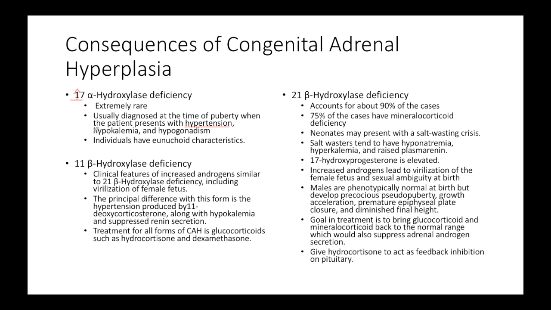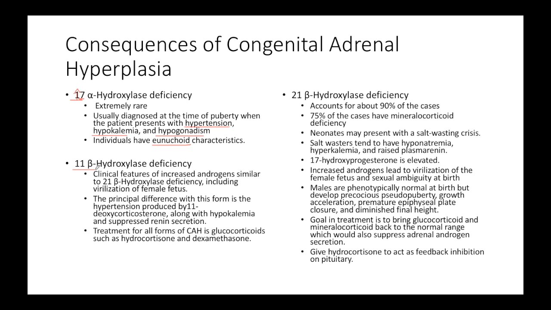And because of that, you're going to have hypokalemia and hypogonadism, as you can remember with the second number being a 7. So individuals can have eunuchoid characteristics because they're not producing their sex hormones.